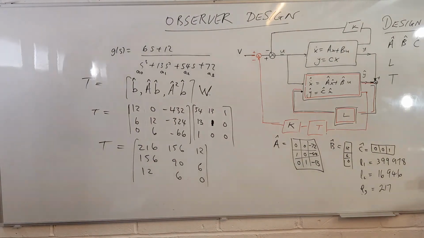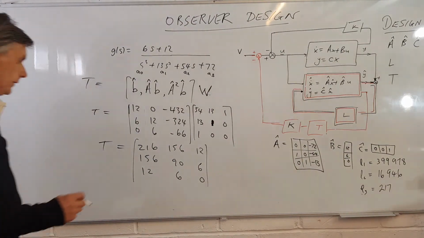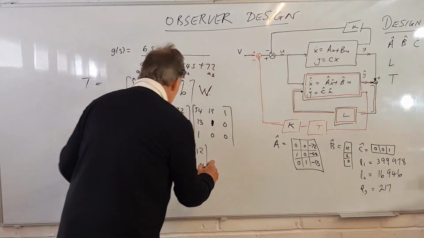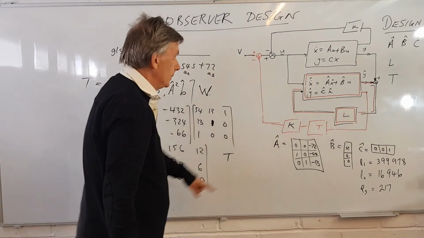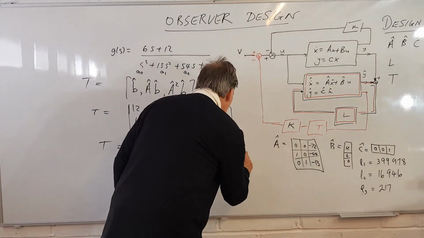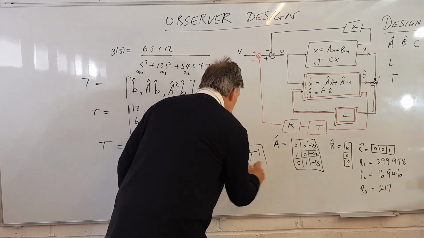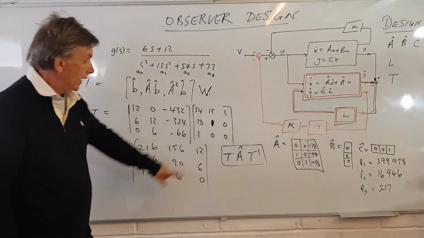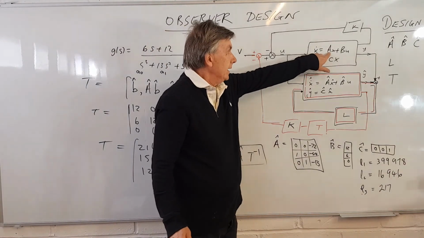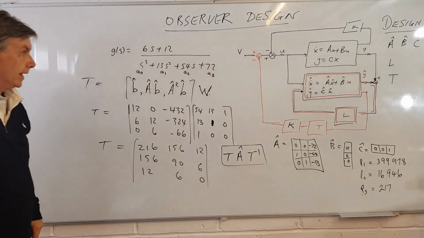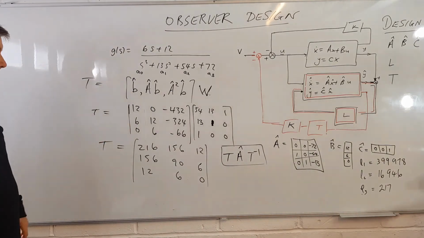And interestingly enough, if you want to have a go at this, if we compute T times A hat times T to the minus 1, you'll find that comes out as A. So that's showing that the overall calculations have been done correctly.